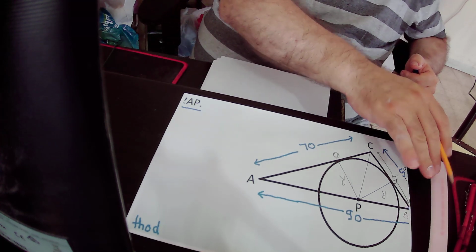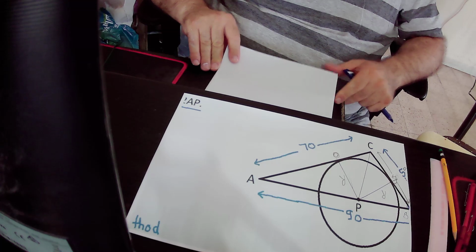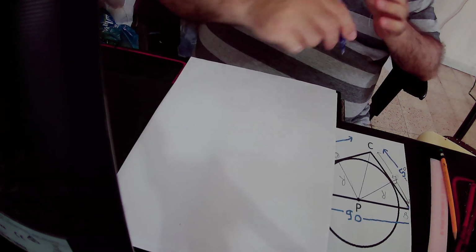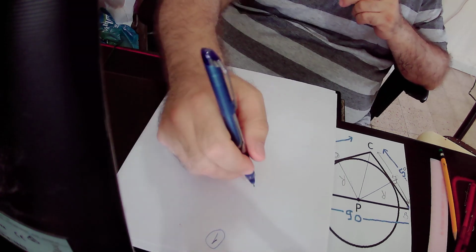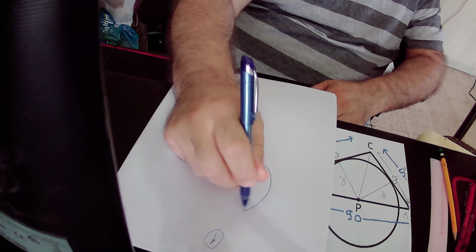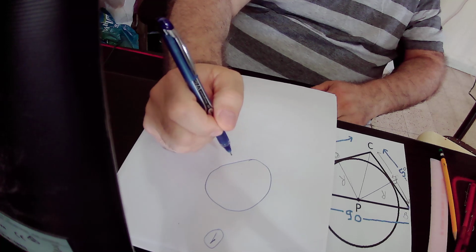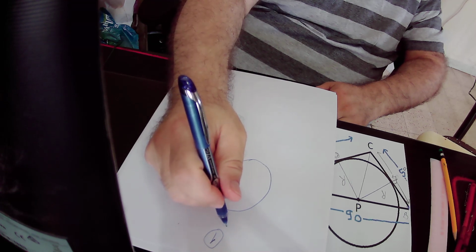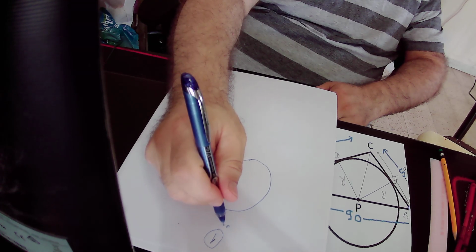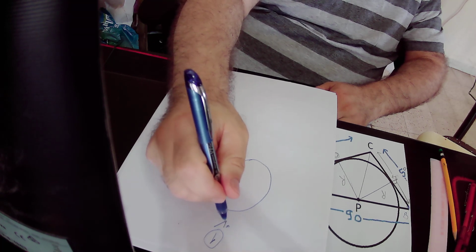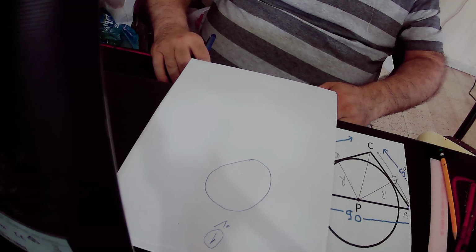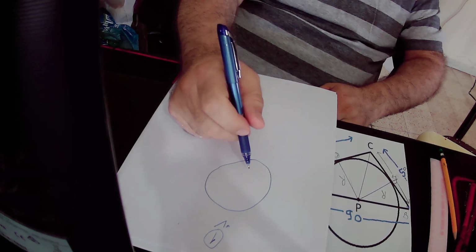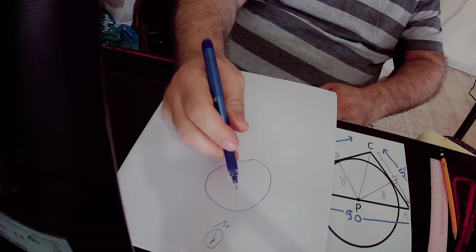But actually we have a rule that if you have a circle and an external point of the circle, let's call it V. An external point of a circle is a point that is not inside the circle nor on the circle, but outside the circle.